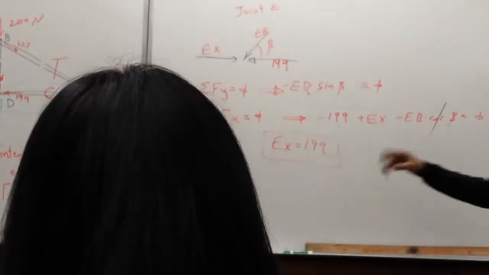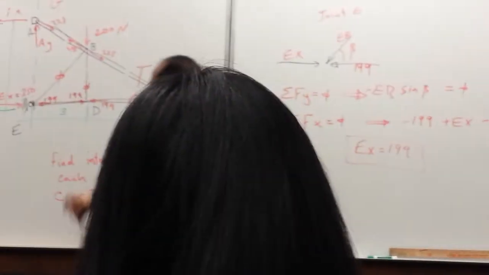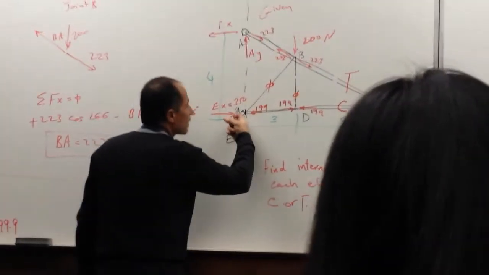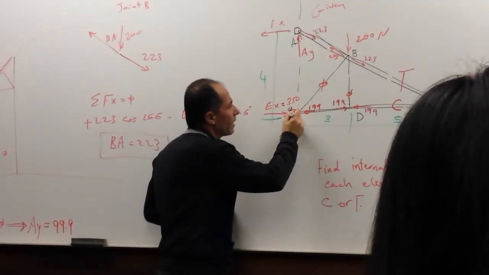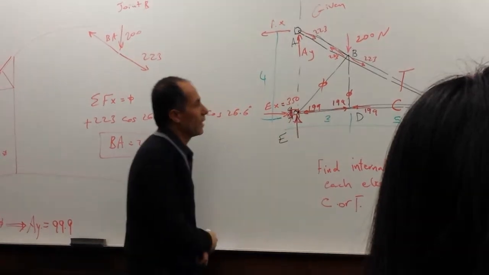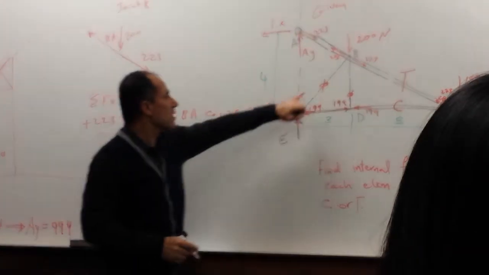So now let me tell you where the wrong thing is, why we didn't get the right answer. This kind of structure looks like we shouldn't have this as a roller symbol. This should be a pin. If it is a pin, it's going to carry another load here, and this is not going to be 0, and the structure will carry its load better.